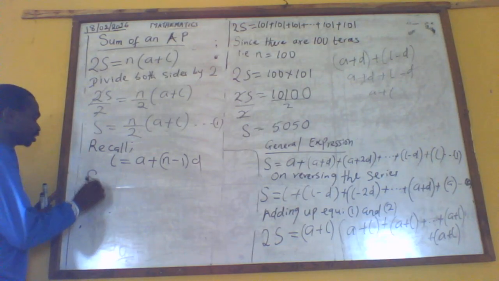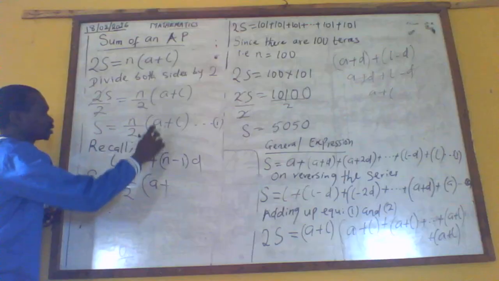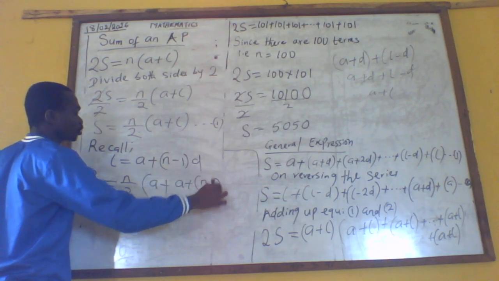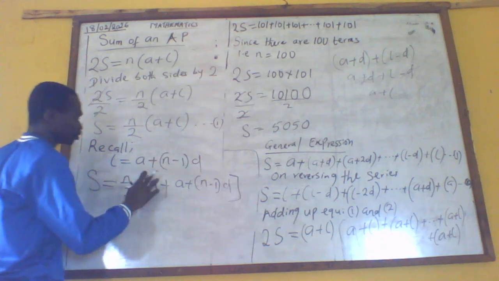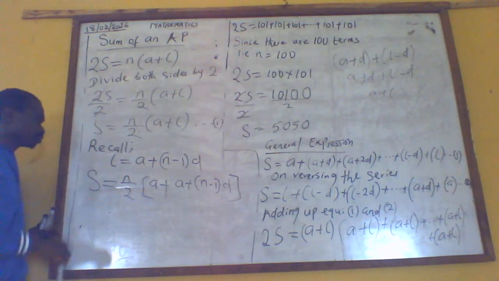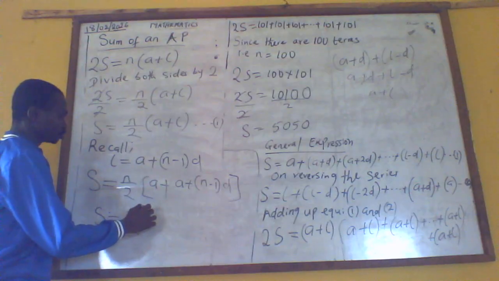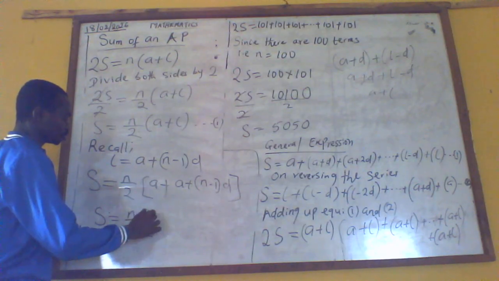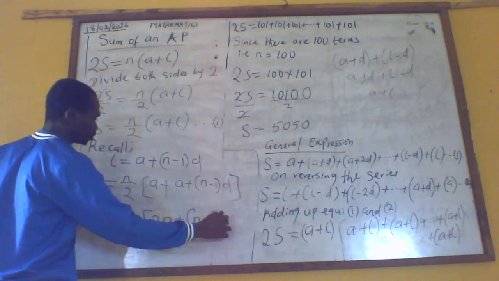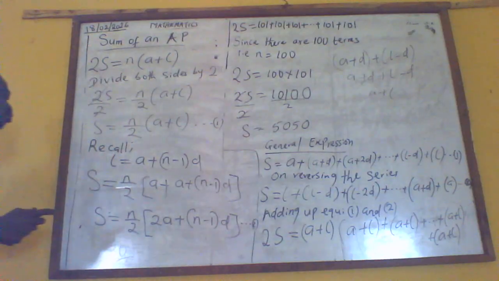So I can have S equals N over 2 into A plus our N is now A plus N minus 1D. So let me use a square bracket to differentiate this. Then S will be equal to N over 2 into A plus A is what? 2A plus N minus 1. So we have equation 2.